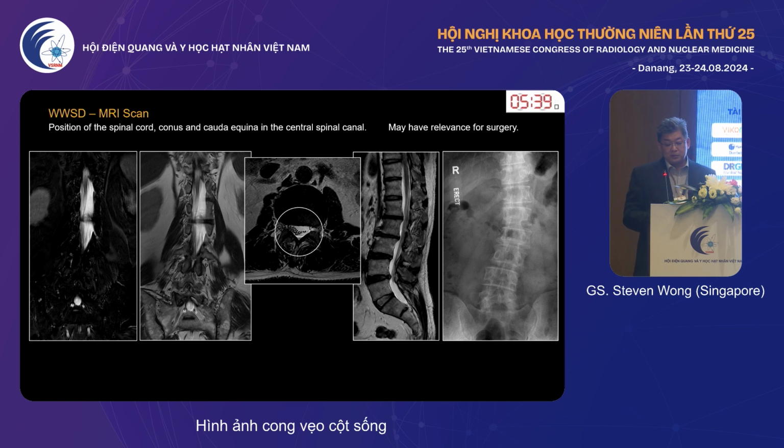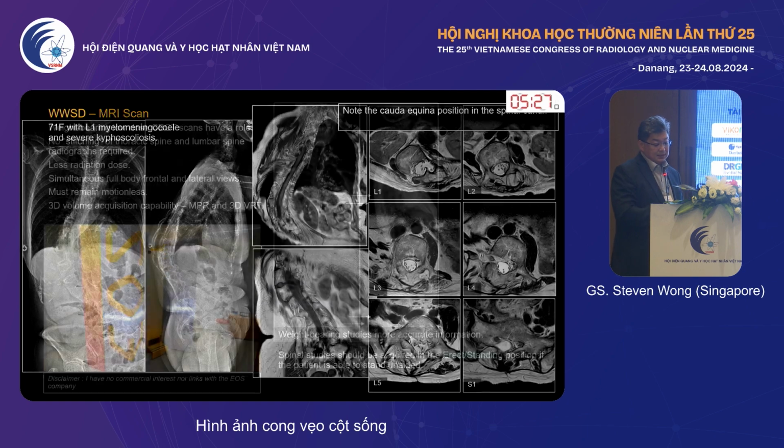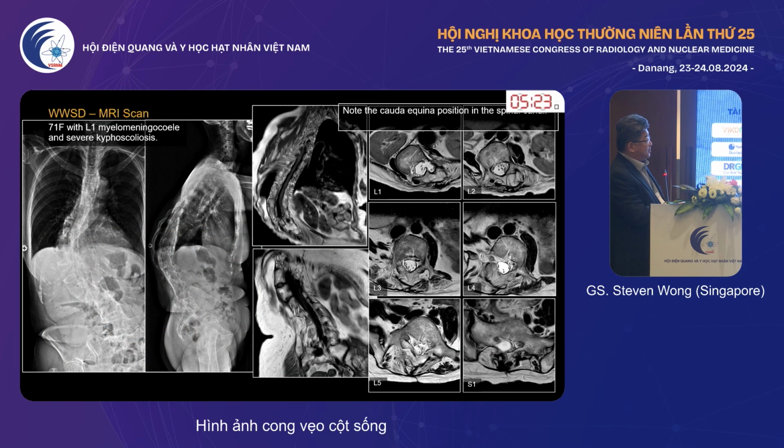I spoke briefly this morning about the position of the spinal cord or the cauda equina within the central spinal canal. This is relevant for surgery. In this patient with pretty severe scoliosis, you can see that the cauda equina changed position within the spinal canal.